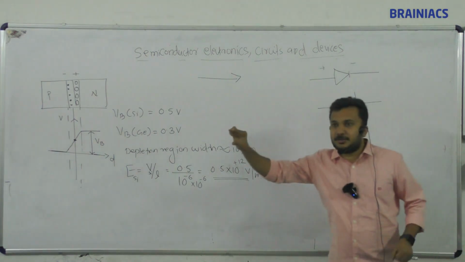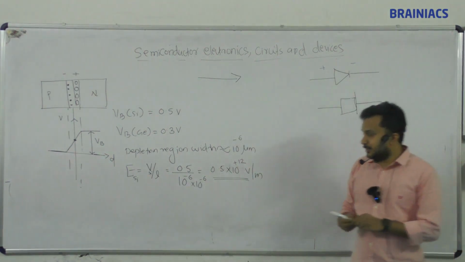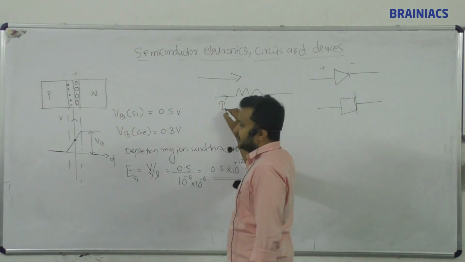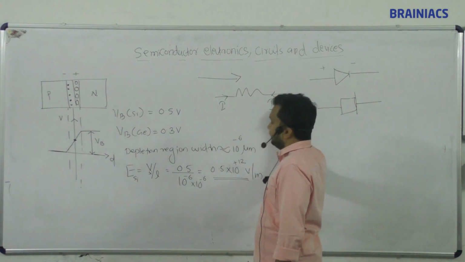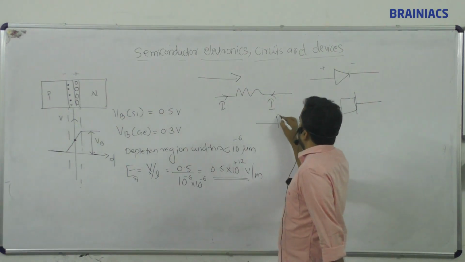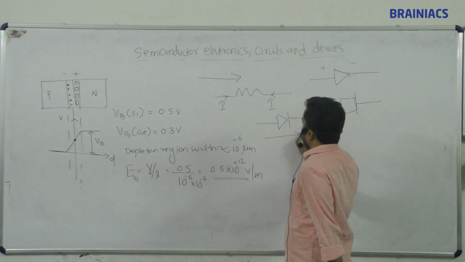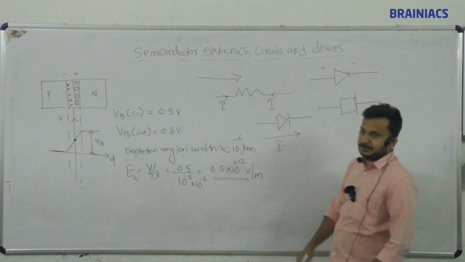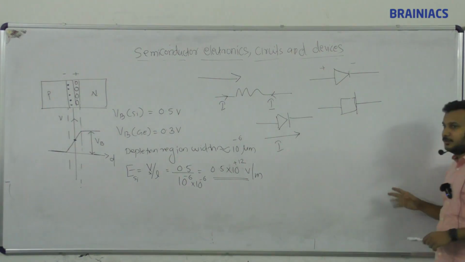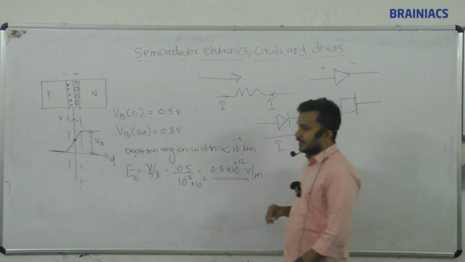In current electricity you have learned current can go like this or like this. This is possible for an inductor, for a resistor, but for a diode, current always goes like this. Reverse is not possible. Current will always flow from positive to negative because a diode is unidirectional.